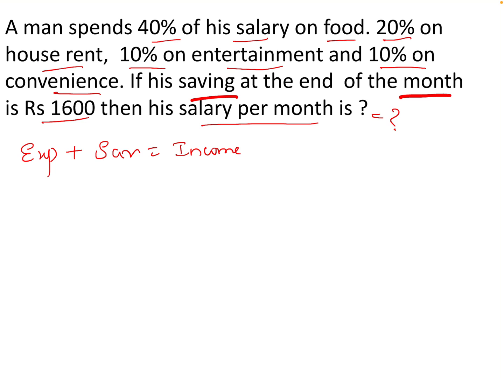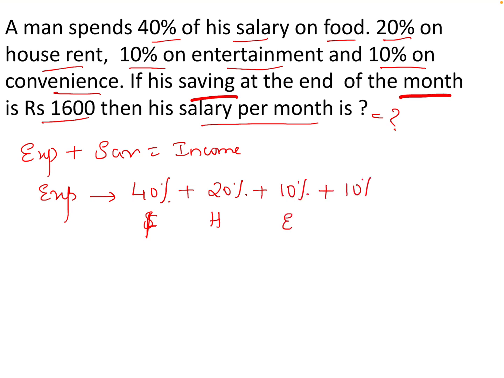Total expenditure: 40% on food, plus 20% on house rent, plus 10% on entertainment, plus 10% on convenience. So totally how much is he spending? 40 plus 20 is 60, 70, 80. 80% of his salary he is spending.